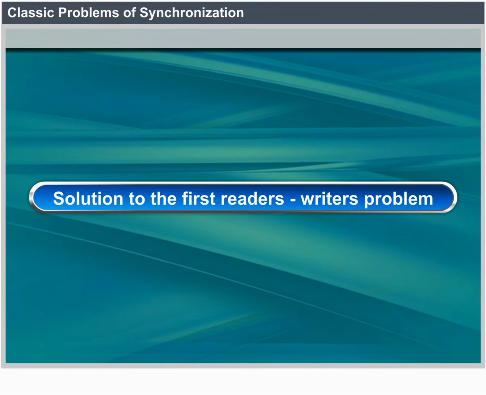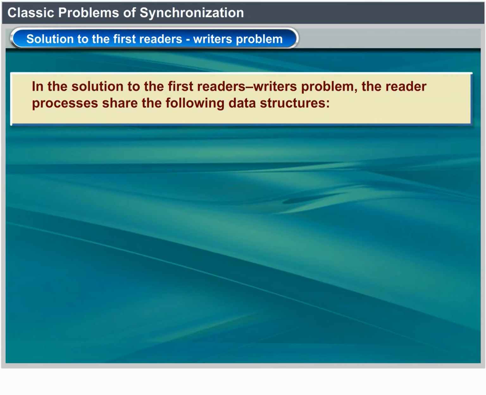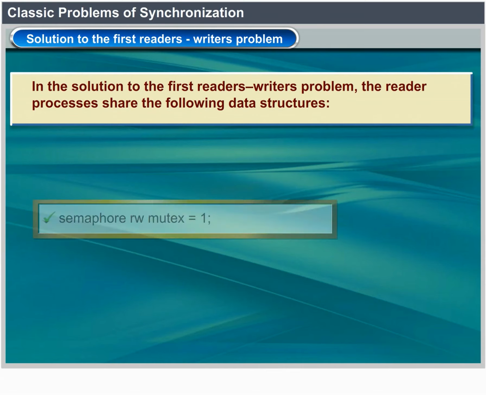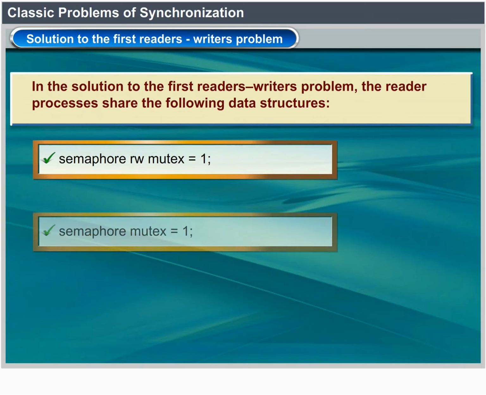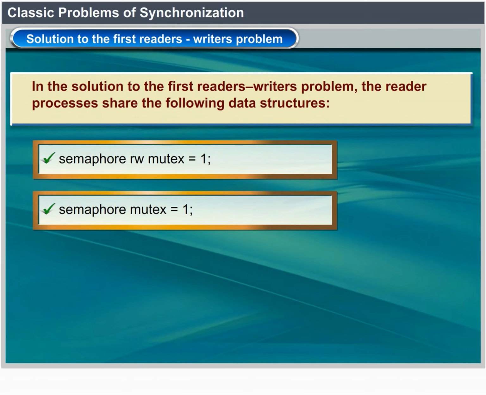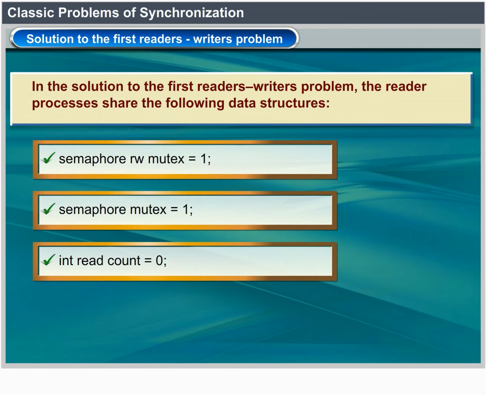Solution to the first readers-writers problem. In the solution to the first readers-writers problem, the reader processes share the following data structures: semaphore rw_mutex equals 1, semaphore mutex equals 1, int read_count equals 0.